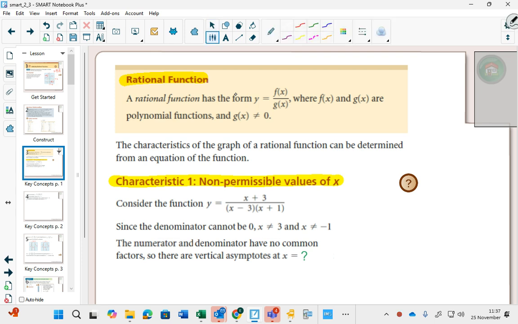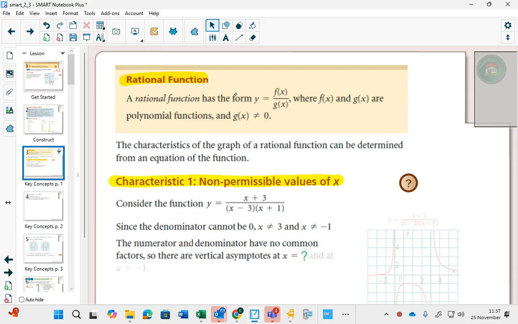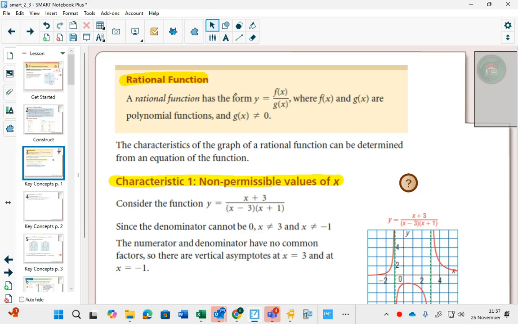If your non-permissible values do not simplify, you will always end up with vertical asymptotes at the non-permissible values. So maybe we put here a little arrow.